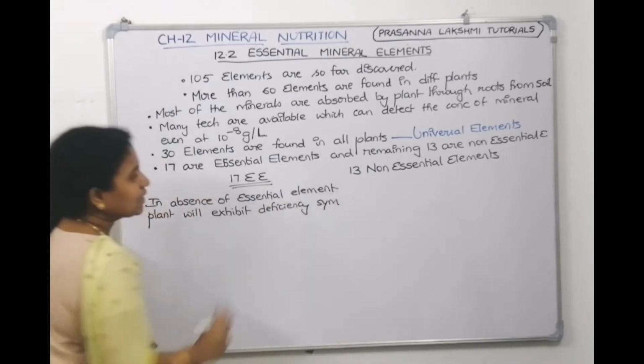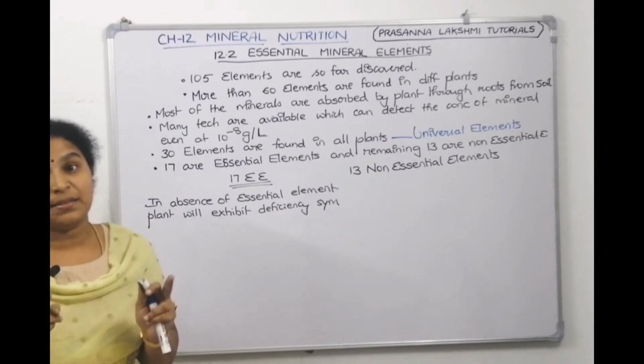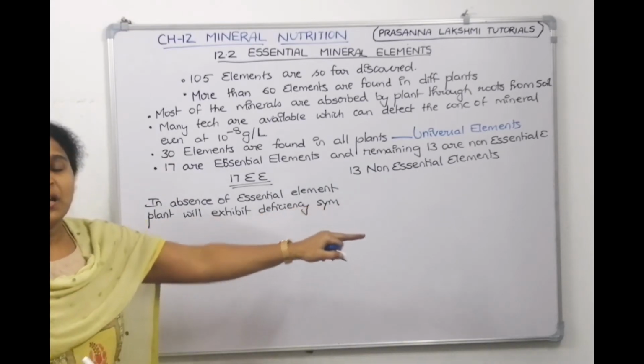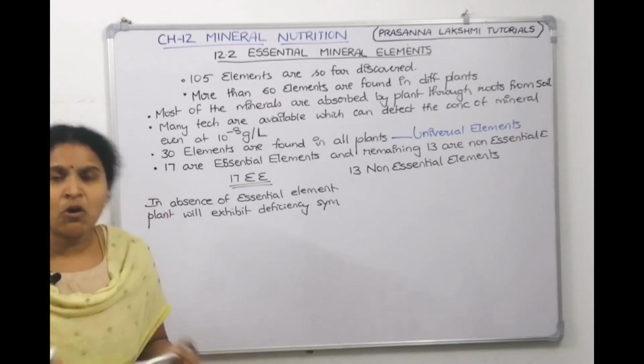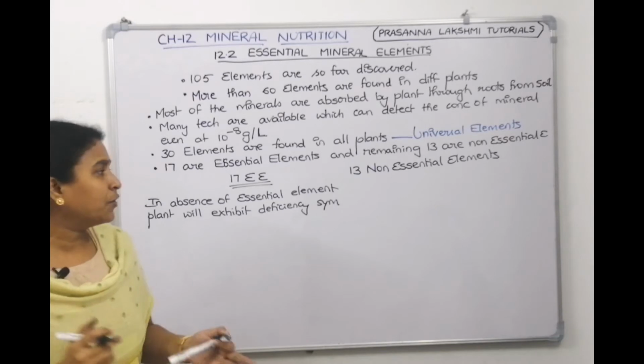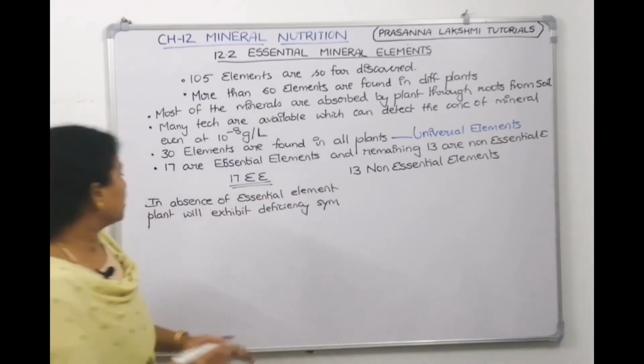If the plant exhibits a deficiency symptom, then it is required, it is essential. Now, what are non-essential? Even in the absence, the plant will not show any deficiency because it is not required for the plant.